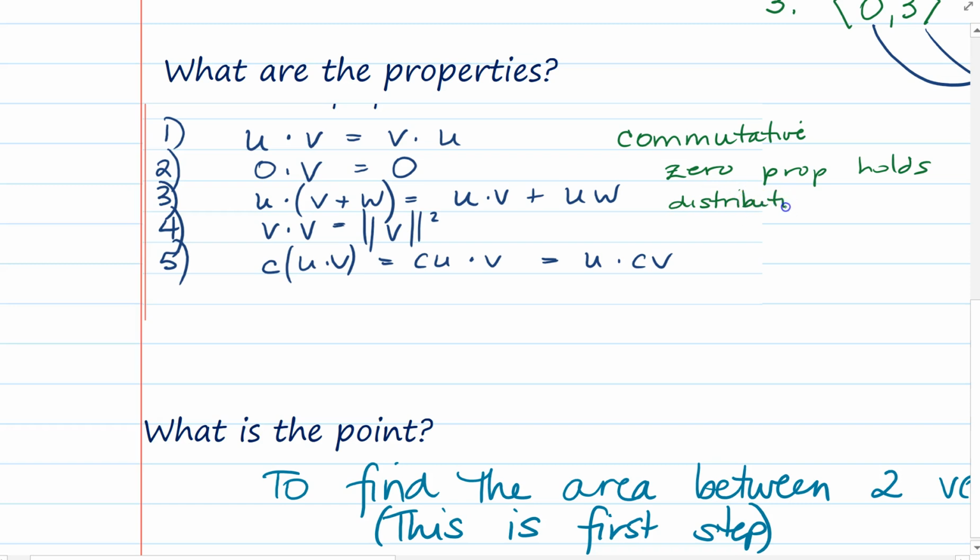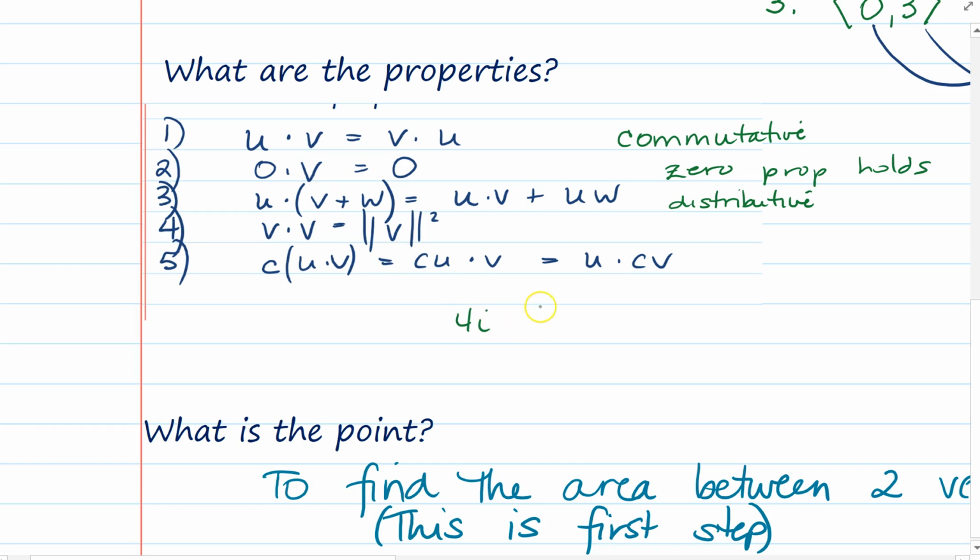That property holds. And this to me is a no-brainer. Of course it's like that. If you take a vector times the same vector, you're going to get the square of the magnitude. Let me explain.